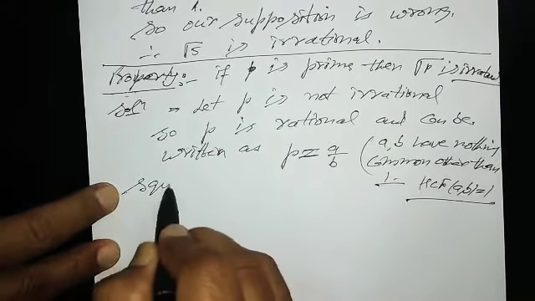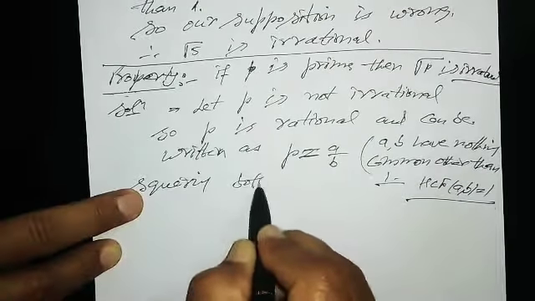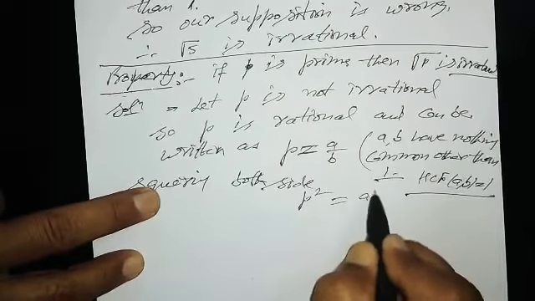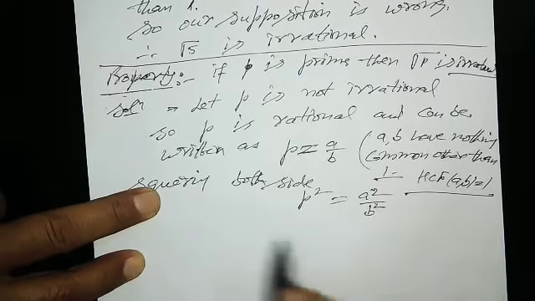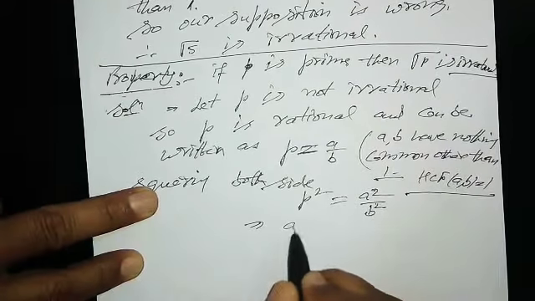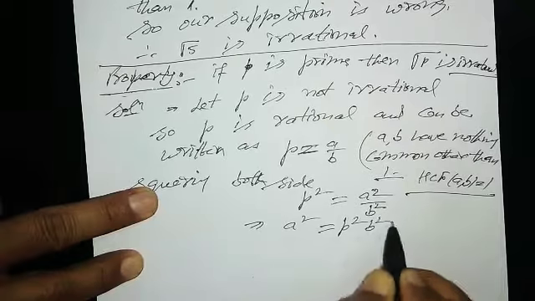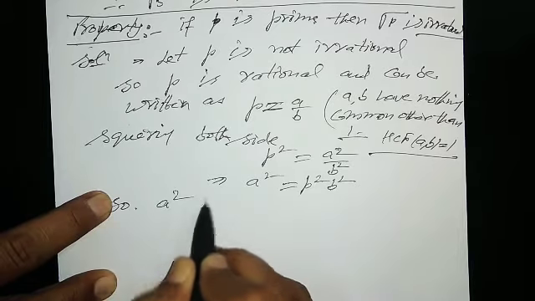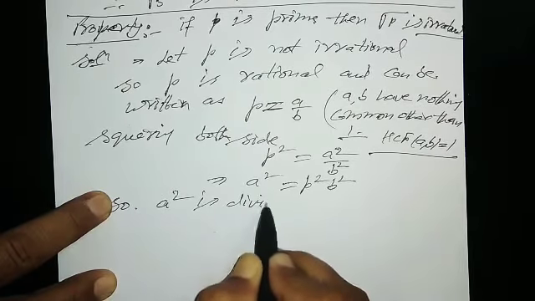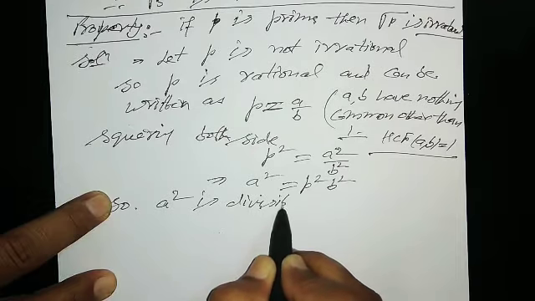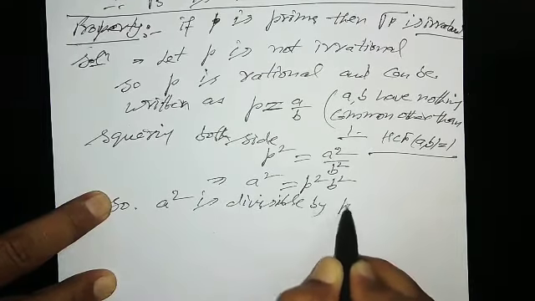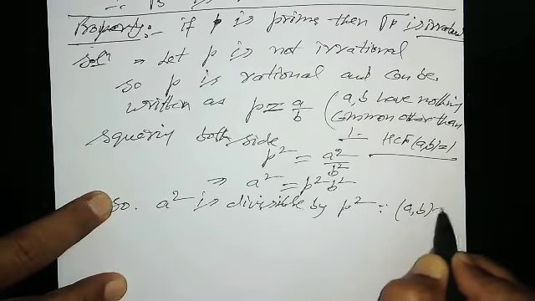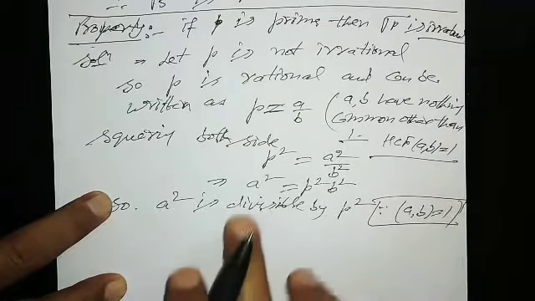Now squaring both sides, you get p is equal to a square by b square, and this can be written as a square is equal to p b square. So this a square is divisible by p. Why? Because a and b have nothing common other than 1.